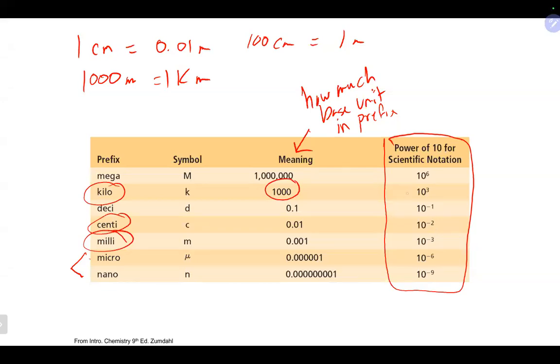So these are the power of 10 conversions for each of these prefixes. Most of the time, if you find a table like that, that is what you're going to see. I would also say that most of the time people do the conversion backwards and always mix it up. This is how much of the base unit there is in one of the prefix units.